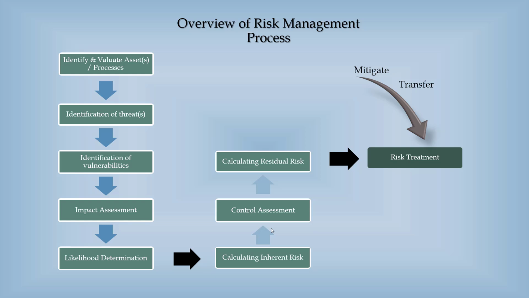Hence, you transfer the risk to another party. The best example in terms of IT would be cloud environments, cloud-based infrastructure: the security, the physical security, all such risks are borne by the cloud management party.